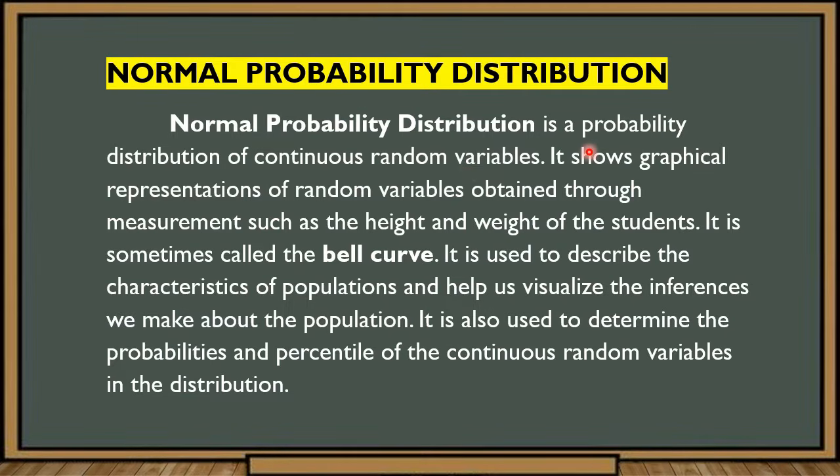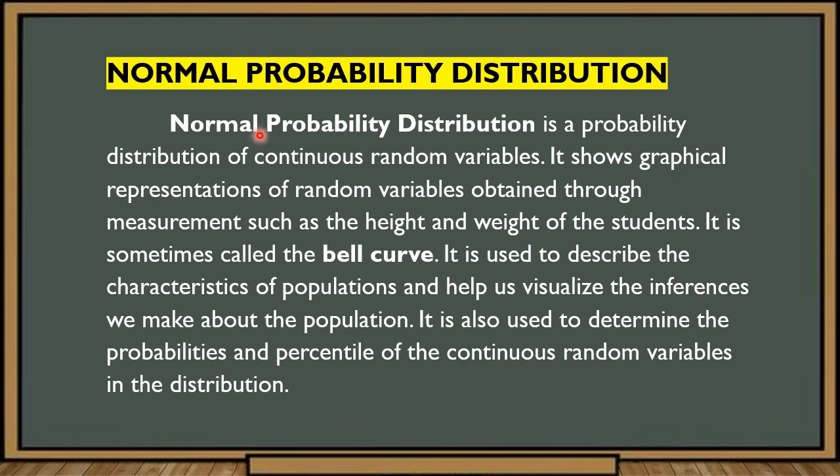This probability distribution is a probability distribution of continuous random variables. Again, we are done with the distributions of our discrete random variables. This time, we will be dealing with continuous random variables. Remember that continuous random variables, the values can take between two numbers. Napag-aralan na natin yan.